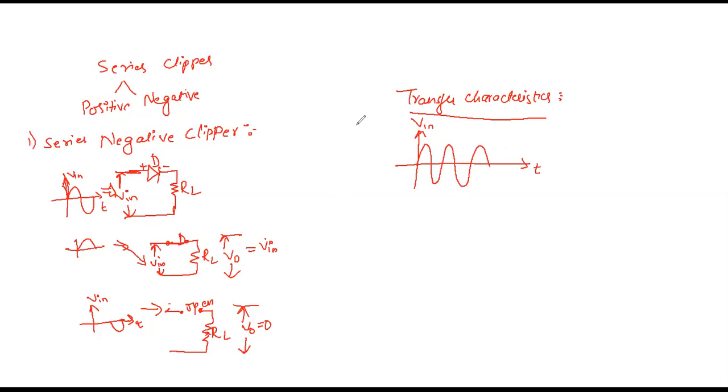Now, what will be the output voltage from this circuit if you apply this as an input? First I am explaining the input and output waveforms. After that, I will discuss the transfer characteristics also.